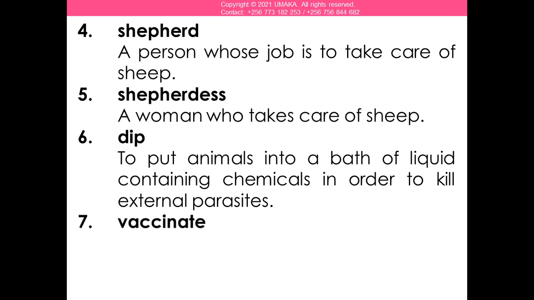We can look at another way we can care for these animals. One, we have seen dipping animals. Two, we have to vaccinate them. Animals are like human beings. They fall sick. They are at times weak. But we have to care for them. We have to treat them when they are sick. So we have to vaccinate.